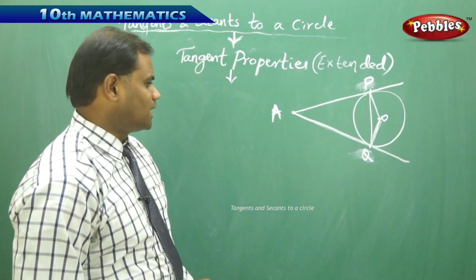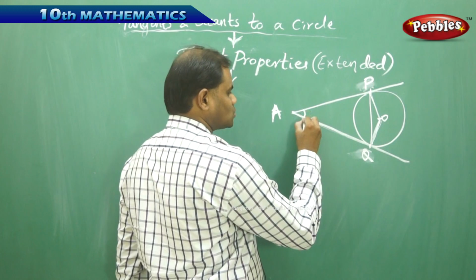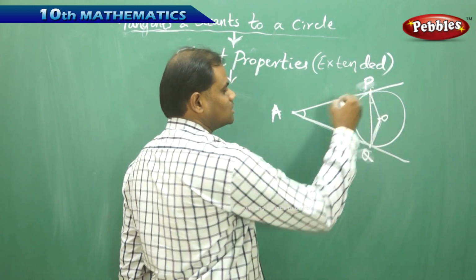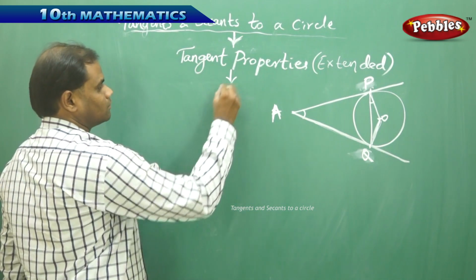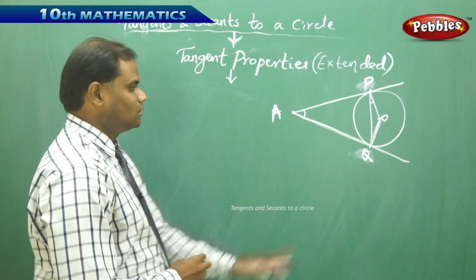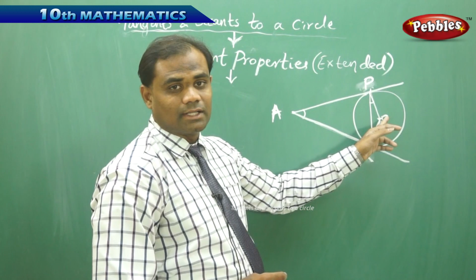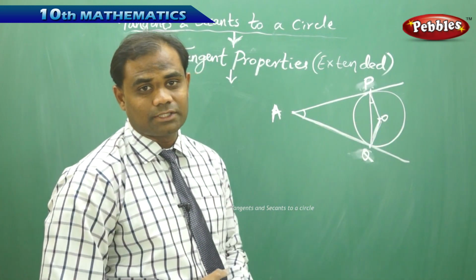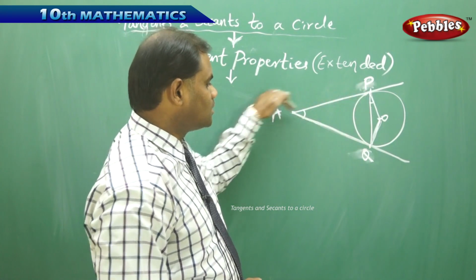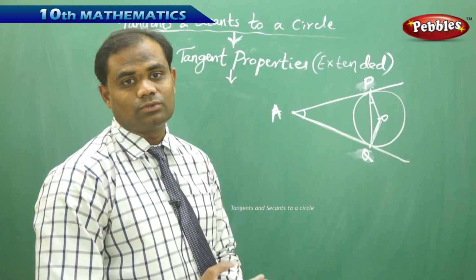then I have to prove that this angle is twice of this angle, is what we need to prove. So let's see how we need to prove this. So if I consider a circle with center O and A is any point outside, I can draw two tangents from the external point A, that is AP and AQ are the two tangents.